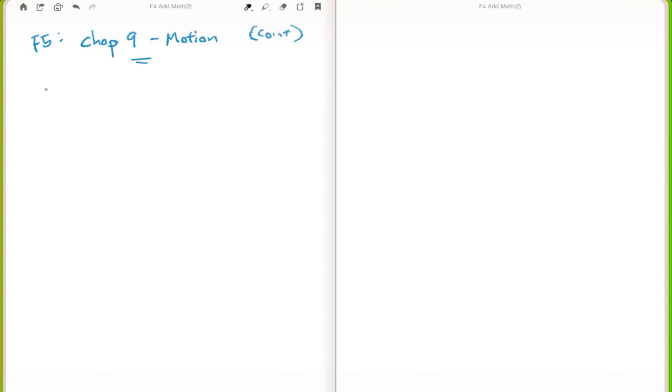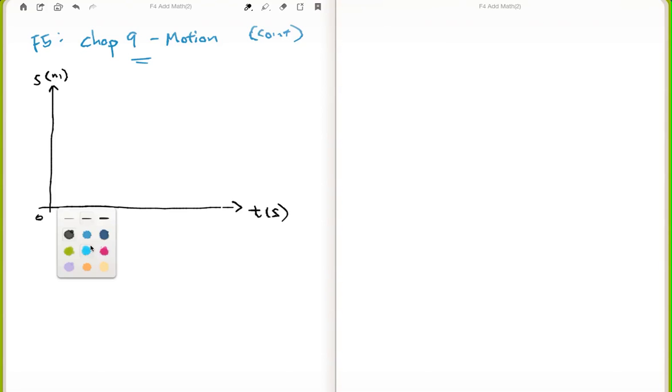Say you are given a graph of displacement versus time, where this is the positive direction, t measured in seconds, and displacement measured in meters. It looks like physics, but this is actually science, so don't expect much.